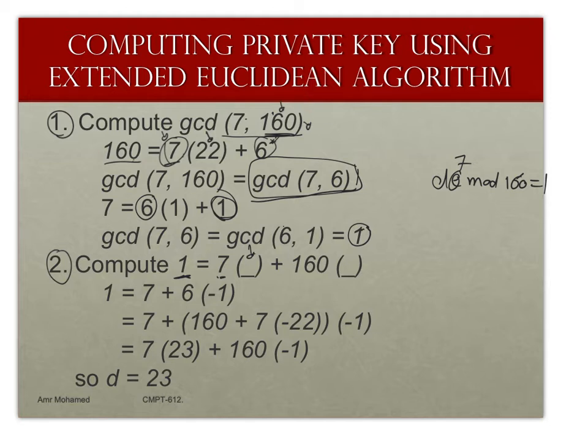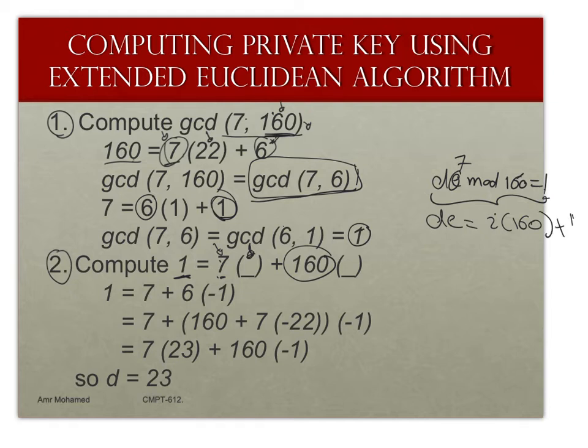So the extended Euclidean algorithm is made for that purpose. If we know the 7, we need to find the multiplicative inverse such that when we multiply it by 7 mod 160, it becomes 1. This means that DE equals some integer I times the 160 plus 1.